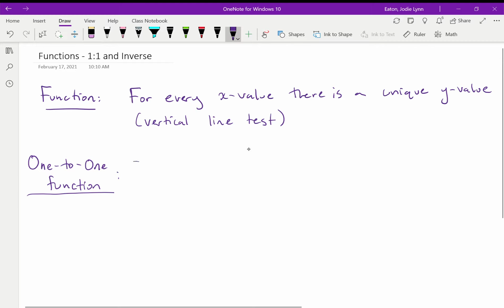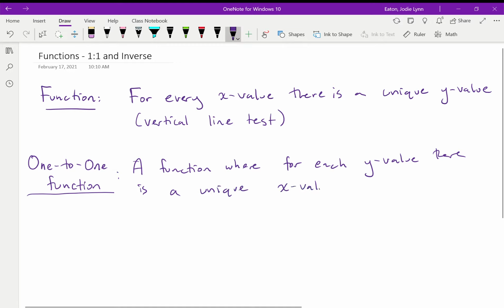A one-to-one function is a function, so it has to have the same properties as a function, where for each y value, there is a unique x value.